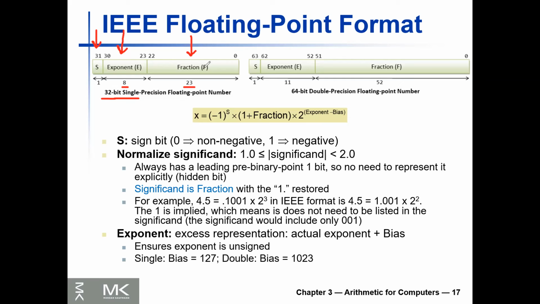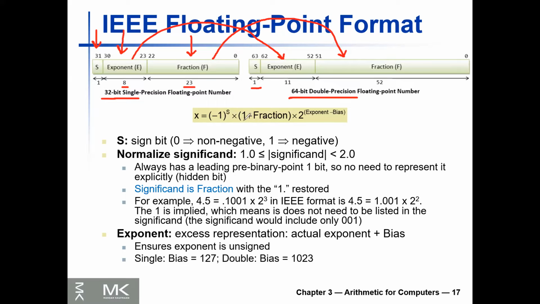Similarly, in the 64-bit double precision, the sign bit is the same, the exponent increases from 8 to 11 bits, and the fraction part goes from 23 to 52. So this is the single and double precision floating point format.